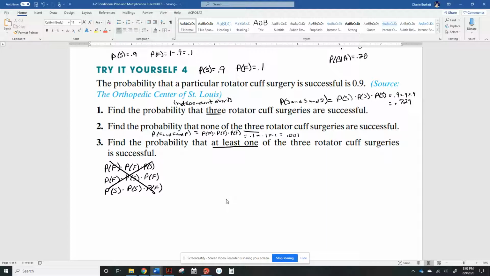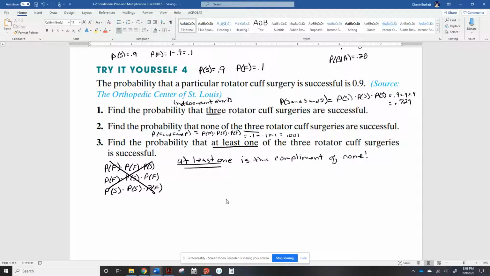Here's the approach we want to take. At least 1, and you might just want to memorize this. At least 1 is the complement. And do you remember what we learned about complements last time? At least 1 is the complement of none. Now remember, complements are found by saying 1 minus.